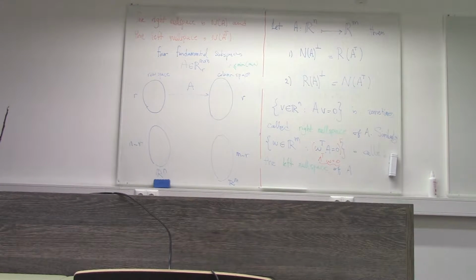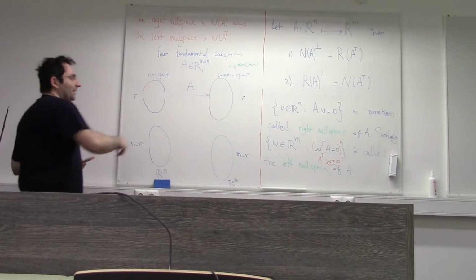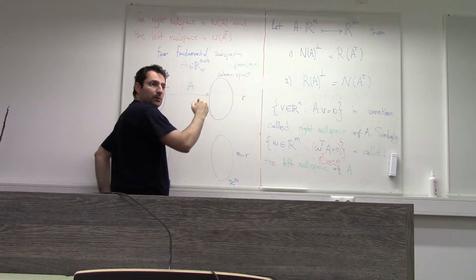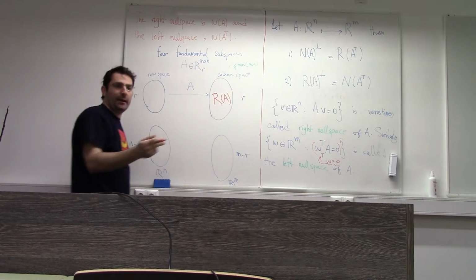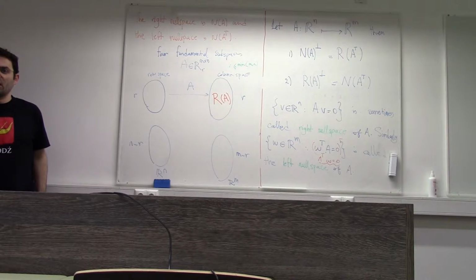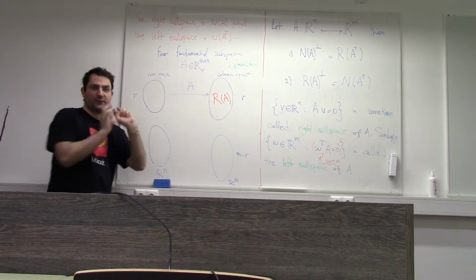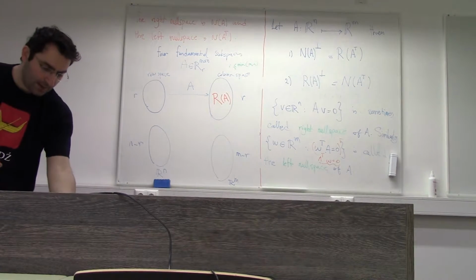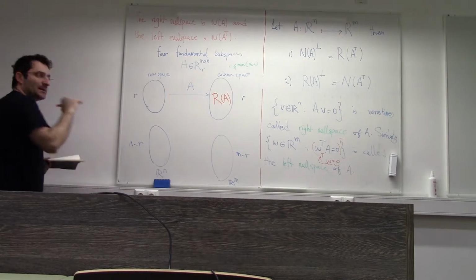Let's start with the easy one. This is our linear transformation. Can you tell me what is this called? RA, isn't it? What was the definition of RA? From here, our linear transformation is taking us to the range of A, right? And what we have in here, what can we say about this?